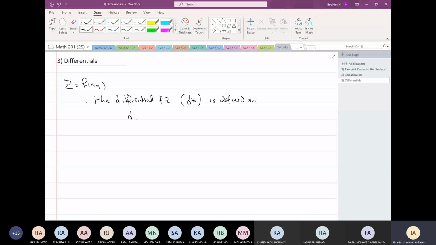dz equals. It is a generalization of math 101. We have y equals f of x, and the differential is dy equals the derivative times dx. Here dz will be, and I have to have a derivative here.